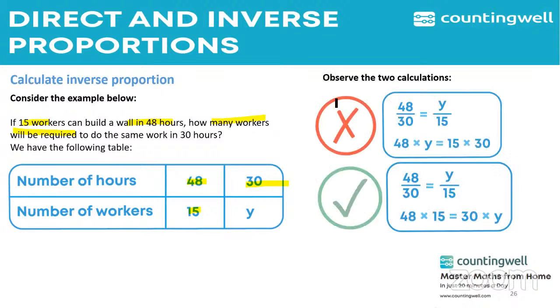So now we'll observe these two calculations. One is 48 upon 30 equals y by 15. Note that the value should be taken as x1 upon y1 equal to x2 upon y2. So this method is correct. Here we are taking 48 upon 30 is equal to y upon 15.